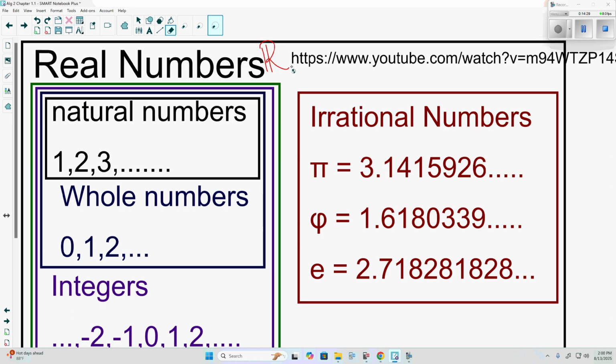Now that does beg the question. If we say there's such thing as real numbers, that must mean what? Yes, there are imaginary numbers. And we call them the complex numbers.